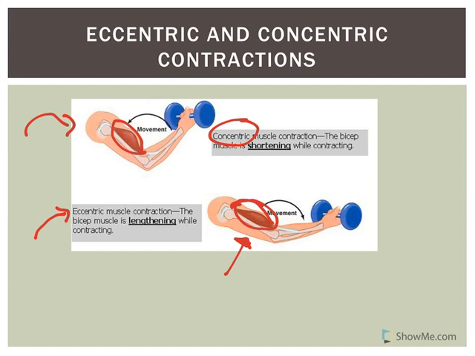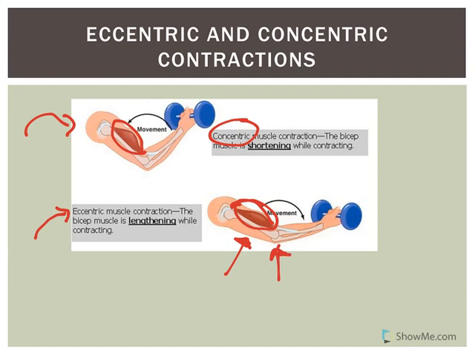Because of the effect of gravity and that pull on the muscle, it's acting as a control. It's controlling that descent of the weight, because if that muscle didn't contract at all, that weight would just fall right down real quick and you would have no control at the elbow joint.